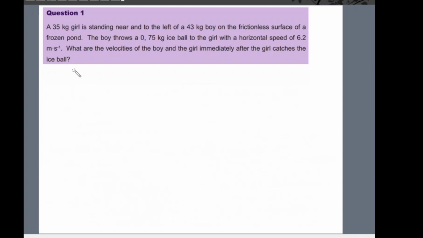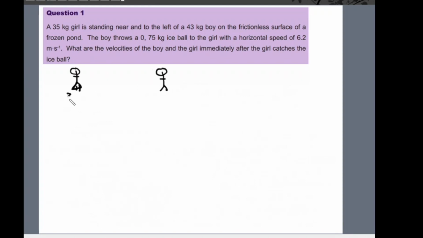So we have a girl. She's standing near and to the left of a 43 kg boy, right?